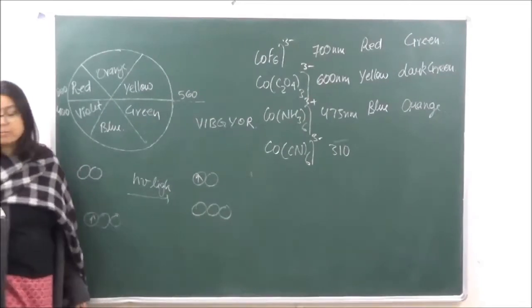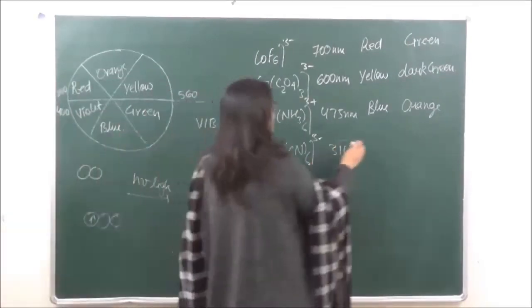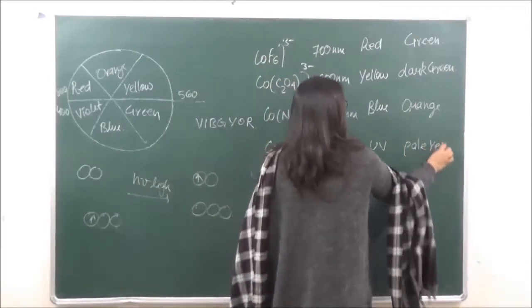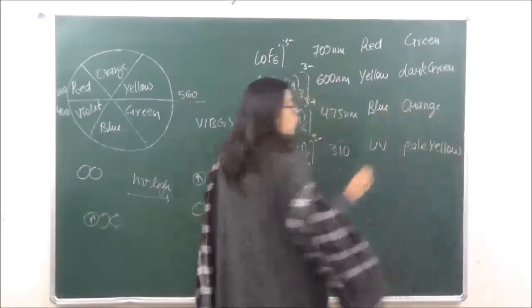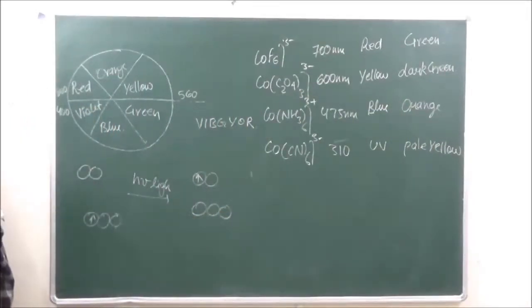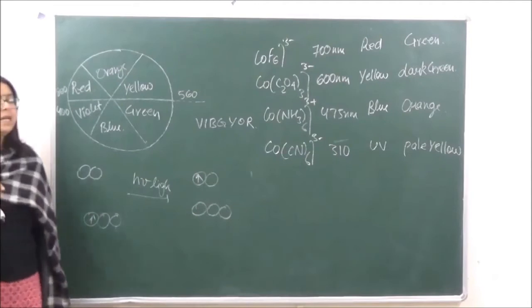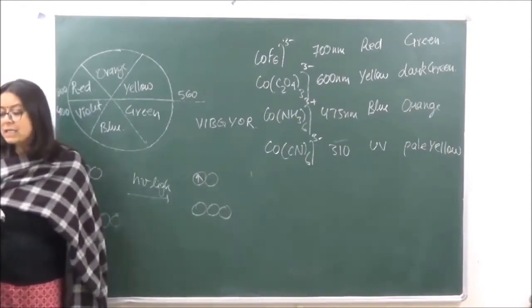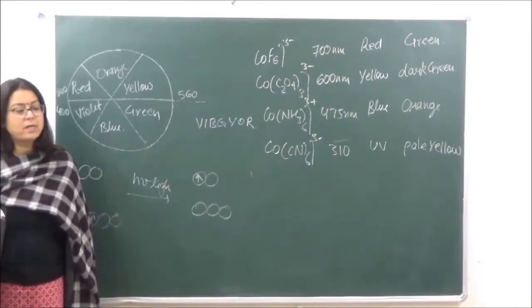It is going to absorb UV radiation, and this appears to us as very pale yellow. Have you understood the concept over here? Greater the crystal field splitting energy, lesser the wavelength absorbed, and according to that, the color is going to be predicted.